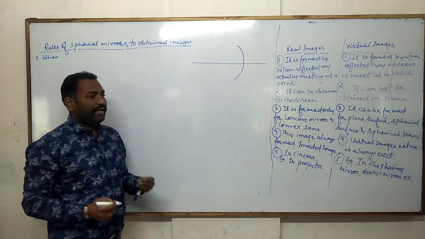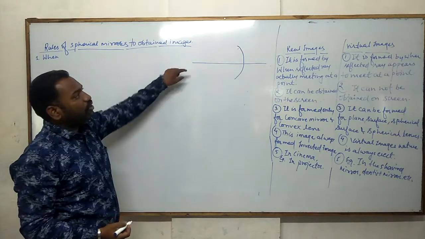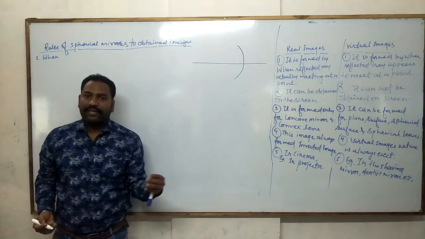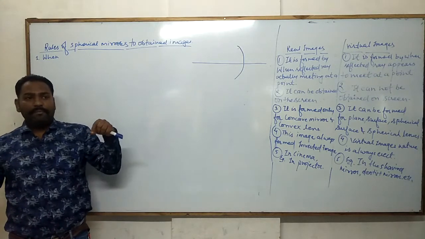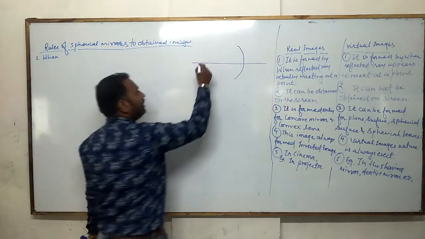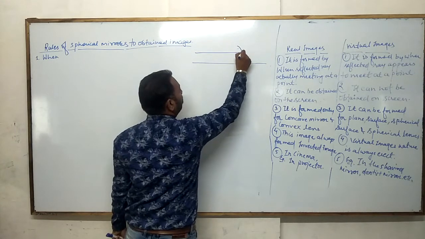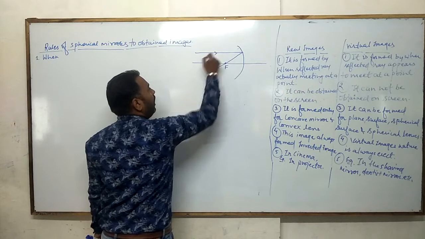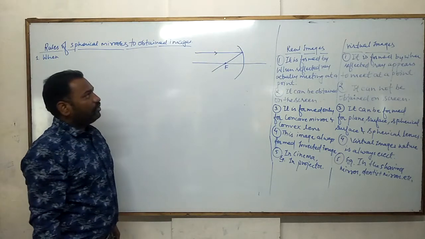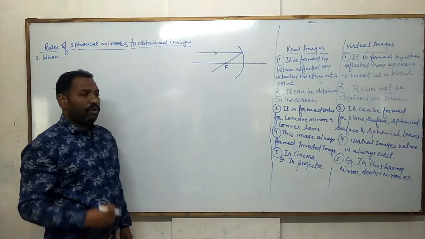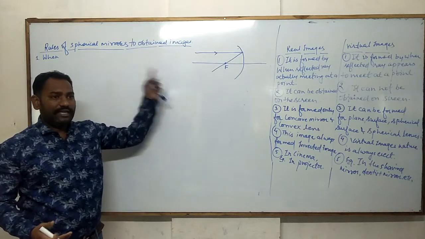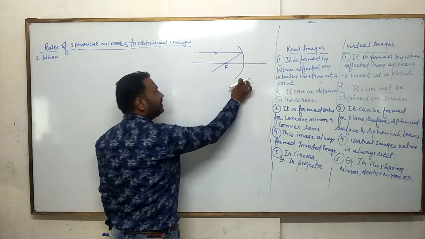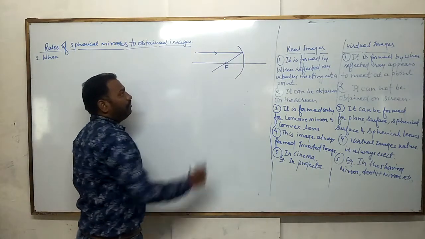If a ray of light or beam of light which is parallel to the principal axis reflects, after reflecting it goes through the principal focus. So this is the focus. This is the beam of light which is parallel to the principal axis. You also have to label this as the incident light, and after passing through the concave mirror's reflecting surface, it passes through the principal focus.